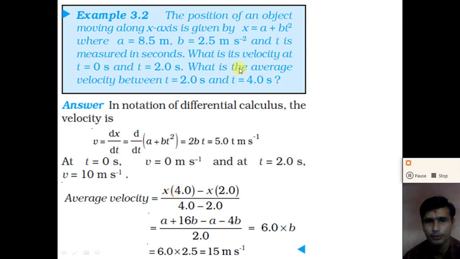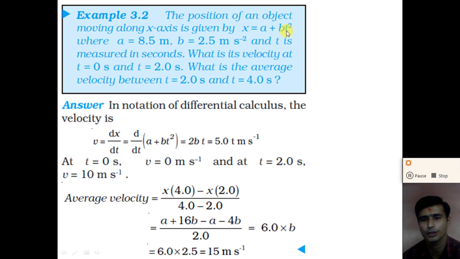Now for x4, we take t equal to 4 and get a plus b into 4 squared, that is 16b. So x4, the position at time t equal to 4 second, is a plus 16b. Or instead we can put the values of a and b also.